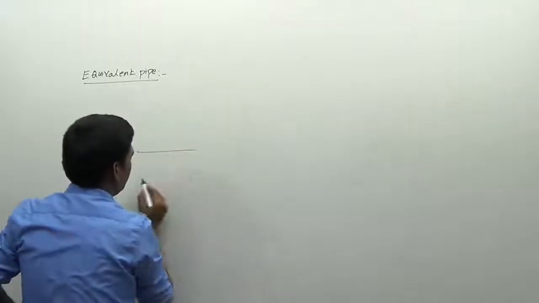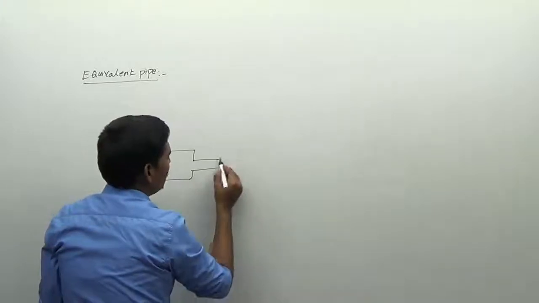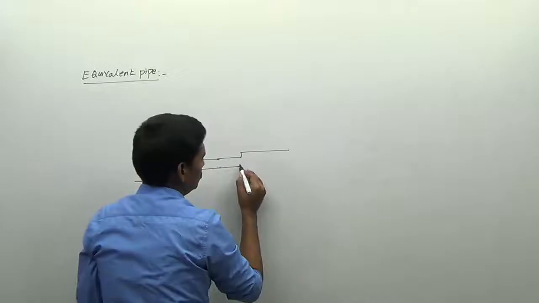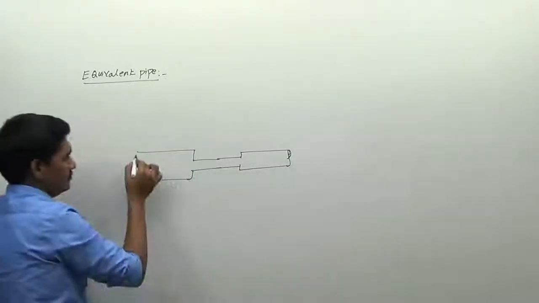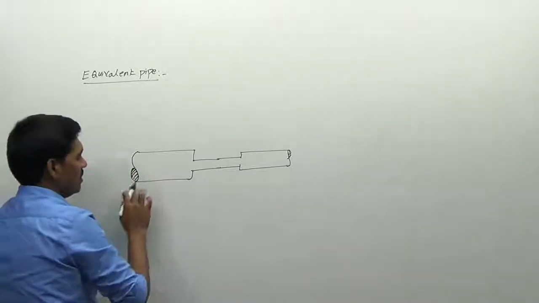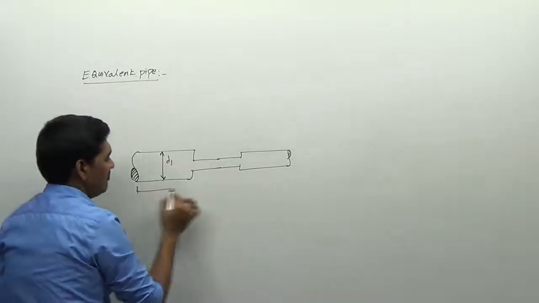Now for example, I am taking a pipeline which has a variation in diameter in this way. Say it has a diameter of D1 and a length of L1.